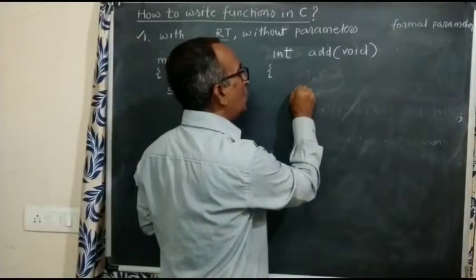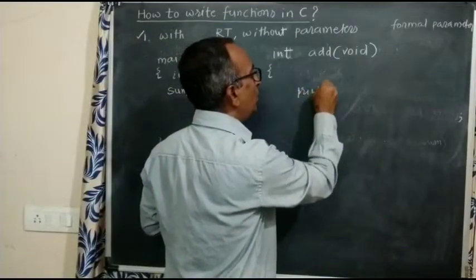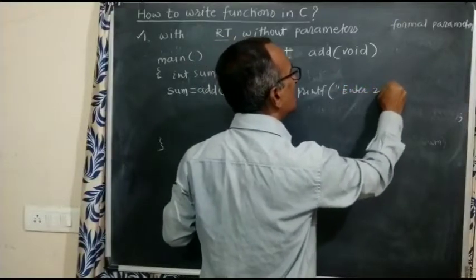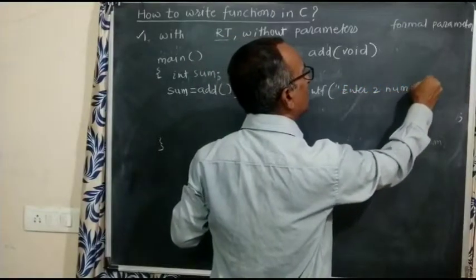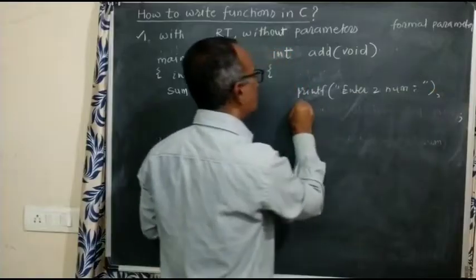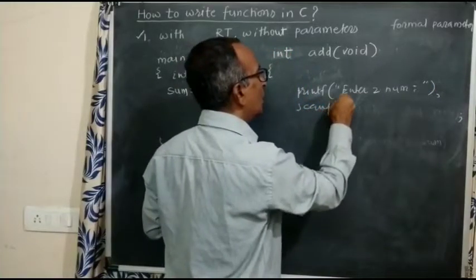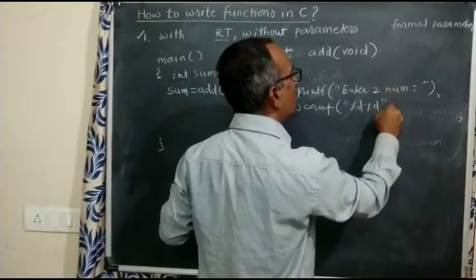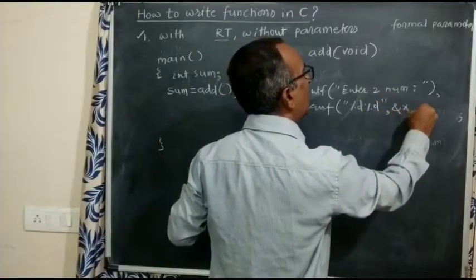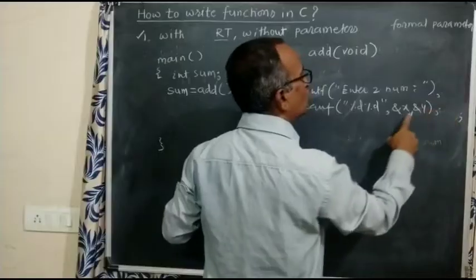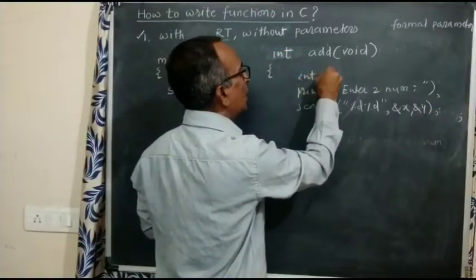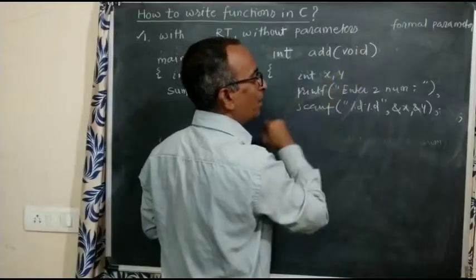It should read two numbers. So printf "enter two numbers", then scanf the two numbers, x and y. So x and y should be local to this function, so you have to declare x and y.